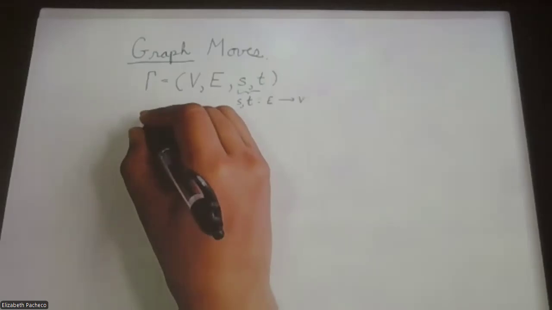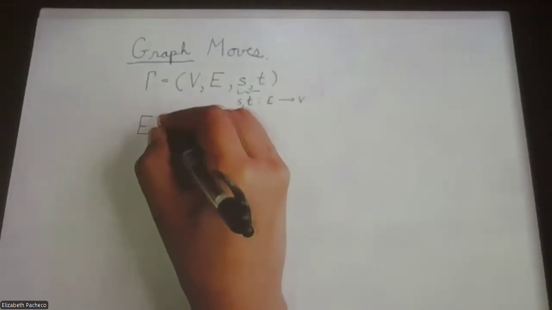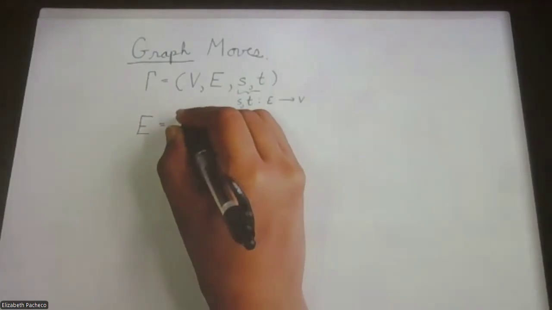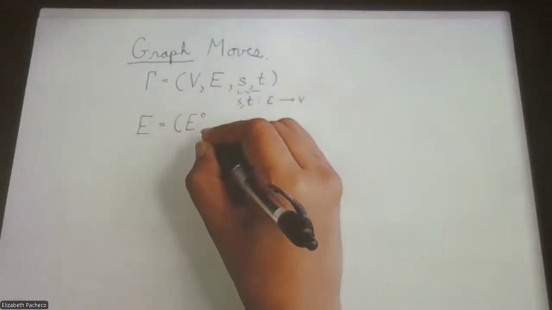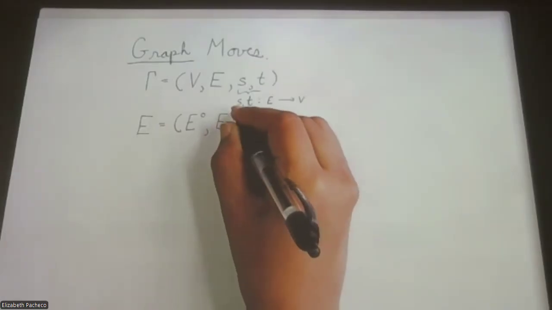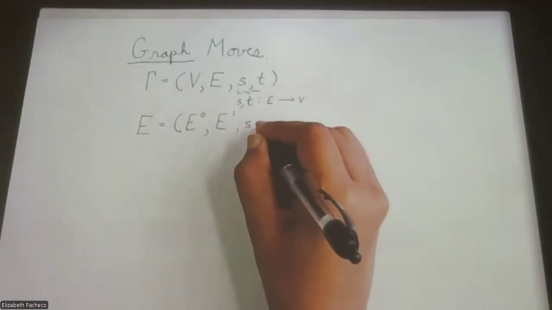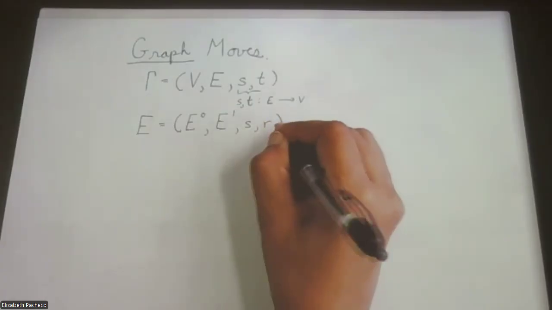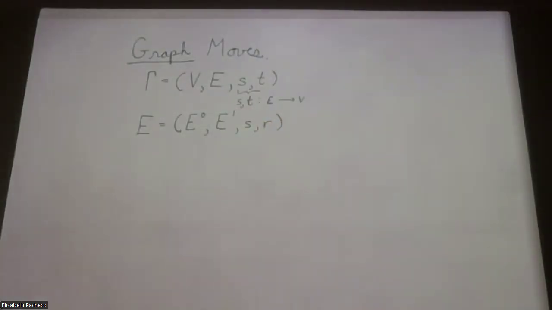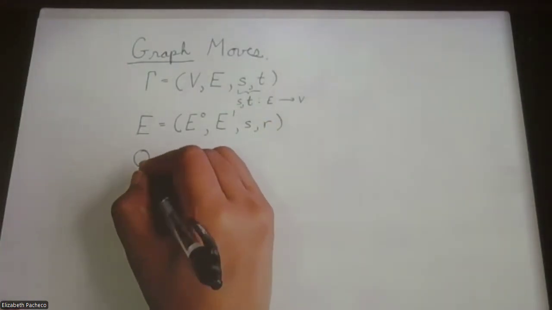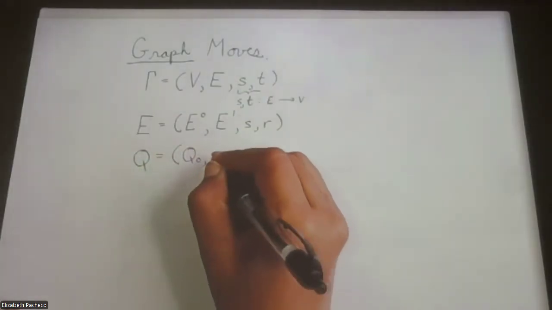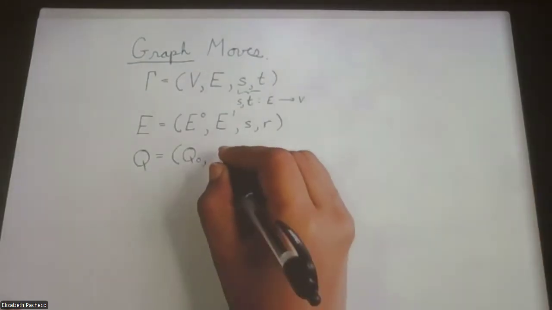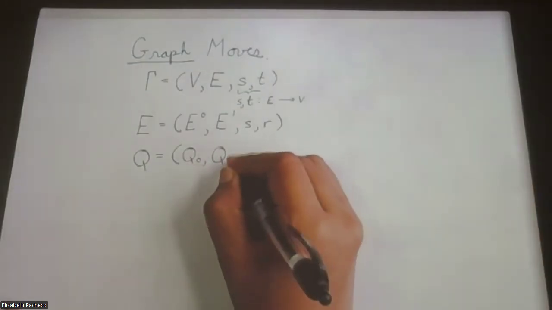The dialect that seems to be a bit more common out in the world is this. Your graph is E, your set of vertices is E superscript 0, your set of arrows is E superscript 1, and you have the source map and the range map. And of course, if you're over in Quivers, I'll remind you what Mateos wrote, that you have this with subscripts. So we also changed the placement, which I find a little bit strange, but here we are.